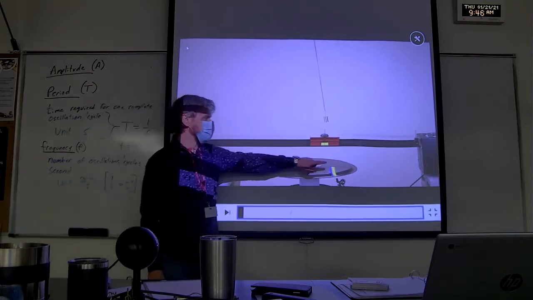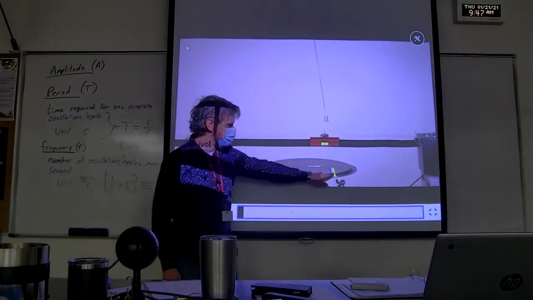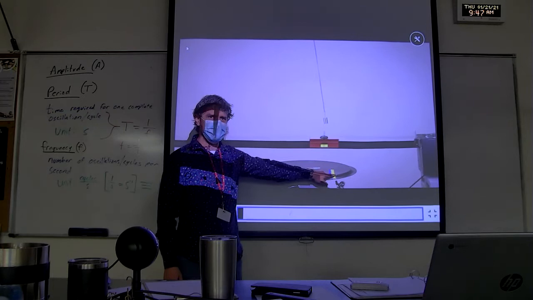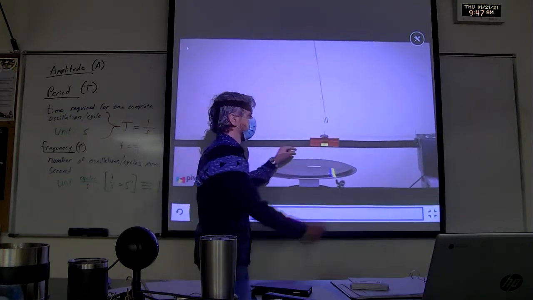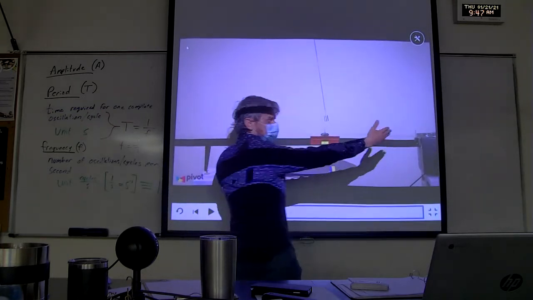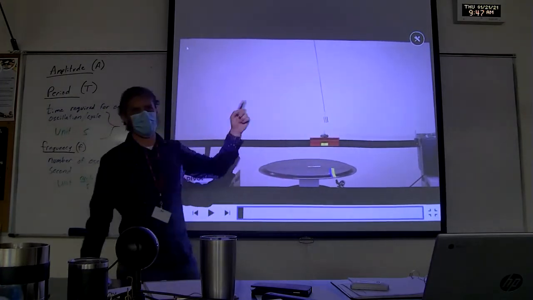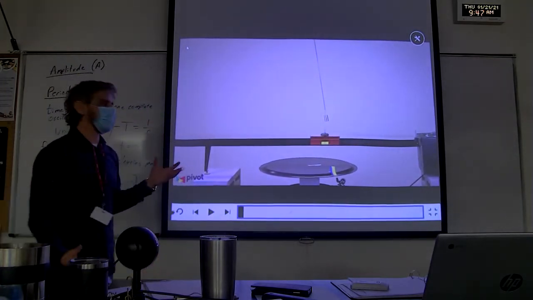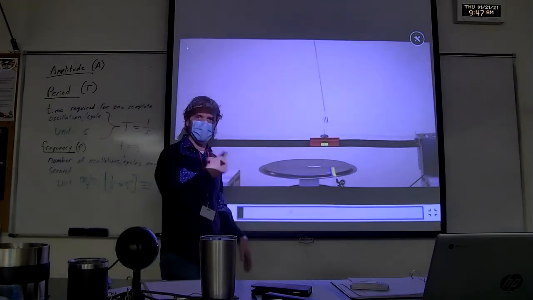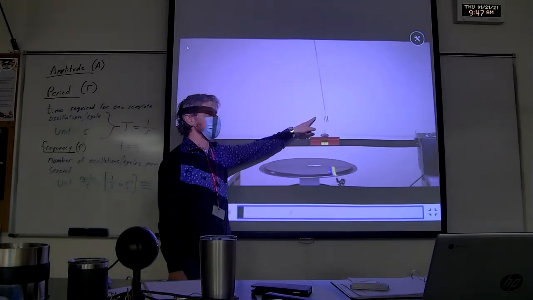And I have a turntable that's just spinning in a circle, but they've taped a little piece of paper on the end of it so we can kind of keep track of it. Then we have a mass that's connected to two springs that are anchored, so it's going to oscillate back and forth. And they got a pendulum that's going to oscillate back and forth. And they made sure that the period, the time it takes for one complete oscillation, is the same for all three of these.